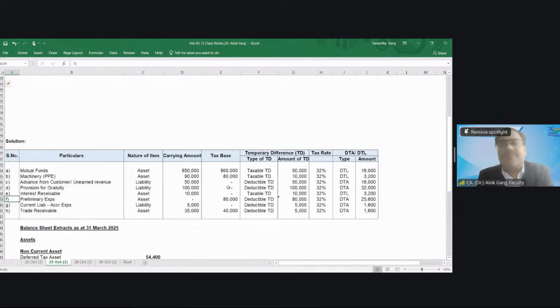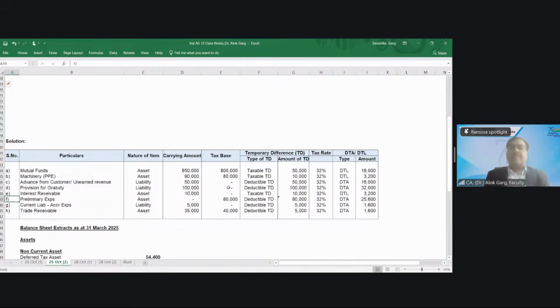No. It has to be debited in the year of expense itself. So the carrying amount of preliminary expenses is 0. Whereas in the tax base, as per the provision of income tax, 1/5 is allowed and the remaining has to be carried forward.